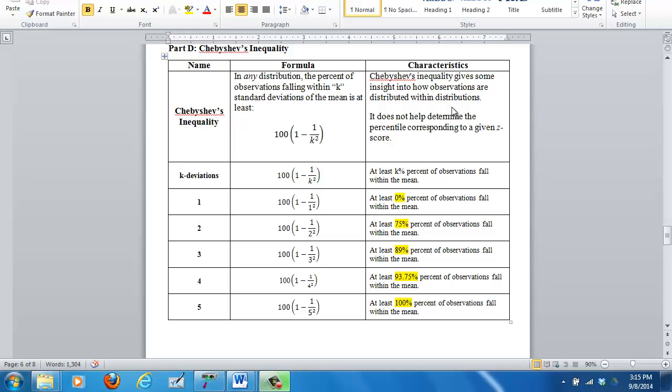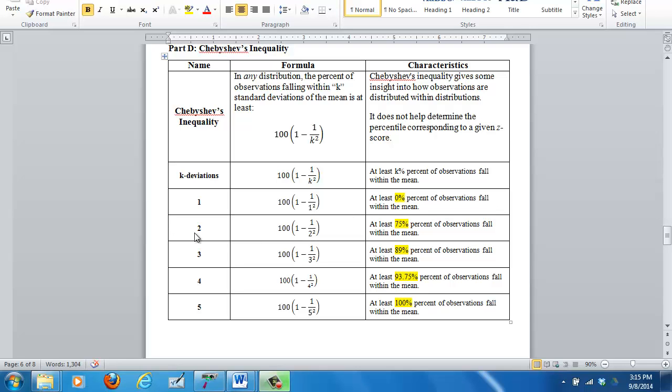So for instance, if k is 1, or in other words within 1 standard deviation, it doesn't tell us a whole lot. It says at least 0% of observations fall within 1 standard deviation. Now the key is at least. So there could be more. In a lot of cases there will be more, but for 1 standard deviation it doesn't tell us a whole lot.